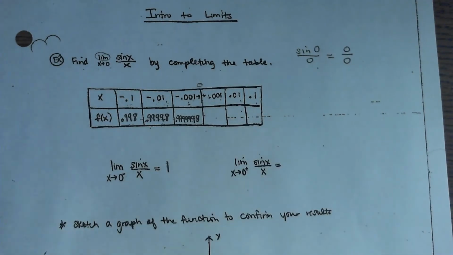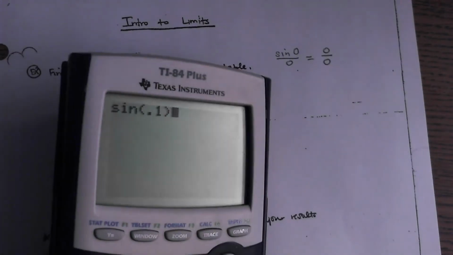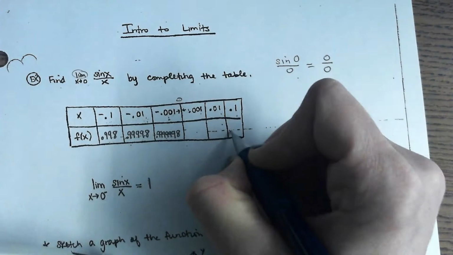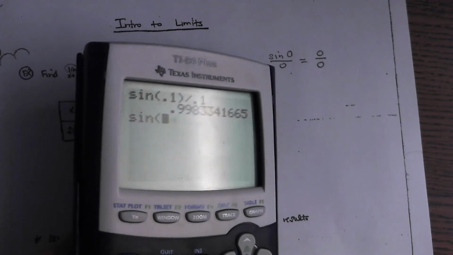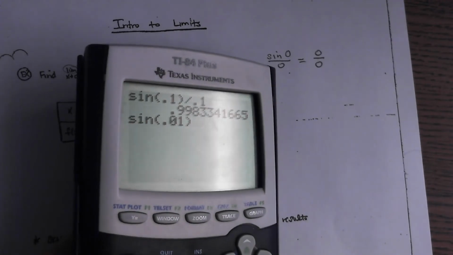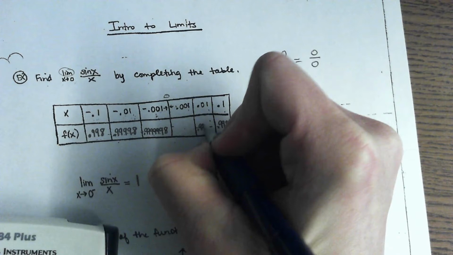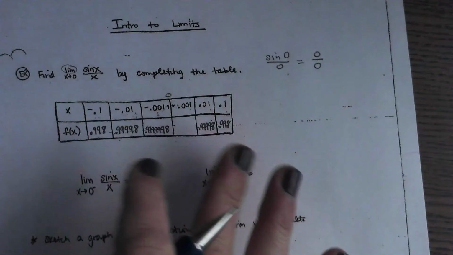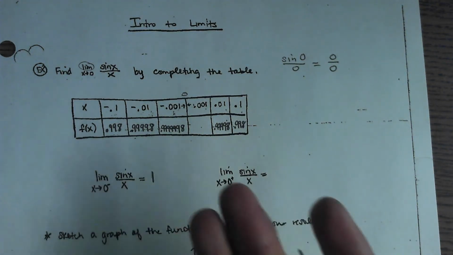So I'm going to start at positive 0.1. The sine of 0.1 divided by 0.1 is 0.998. And then I'm going to do 0.01. Sine of 0.01 divided by 0.01, 0.99998. 4 nines and then an 8. And you can see it's kind of symmetrical on either side. Every function's not like this.